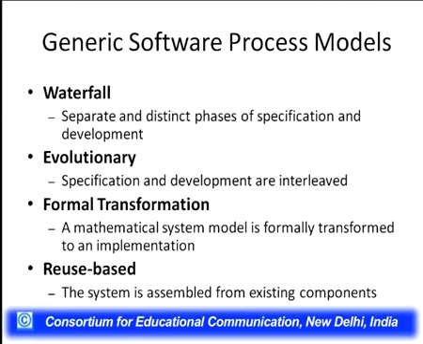Each model can be used efficiently for a specific type of product. One solution does not fit all here. Depending on the nature or the type of the problem, a solution is chosen from the available models.